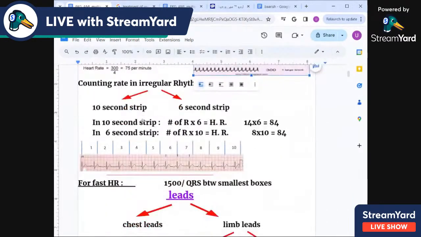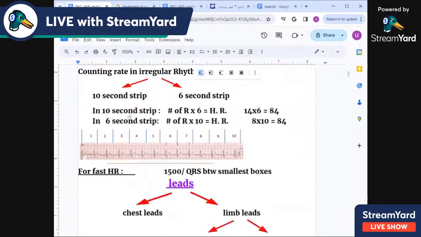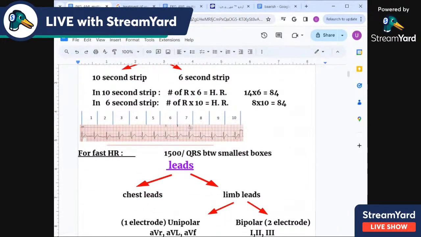In the irregular heart count, we have the 10-second strip and the 6-second strip. Count the number of QRS in a 10-second strip and multiply it by 6, and count the number of QRS in a 6-second strip and multiply it by 10.